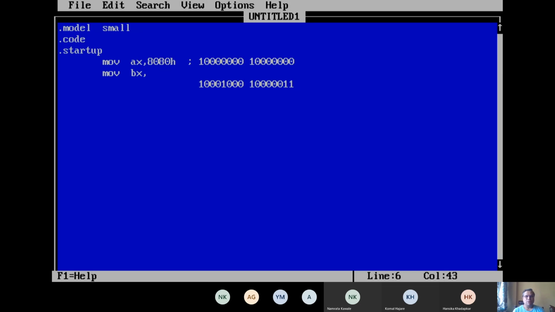Let's say this I will make 1. So what is the parity of this 16-bit result? If I am expecting this as a result, what is the parity of this result?